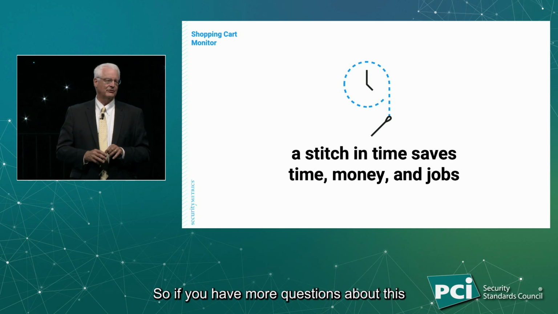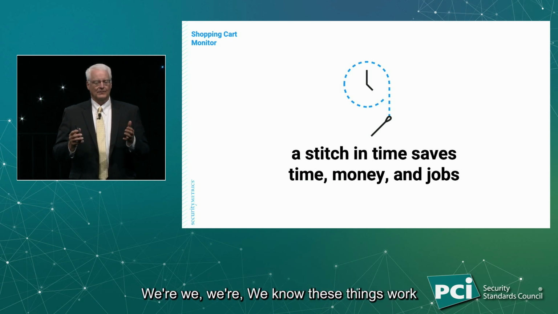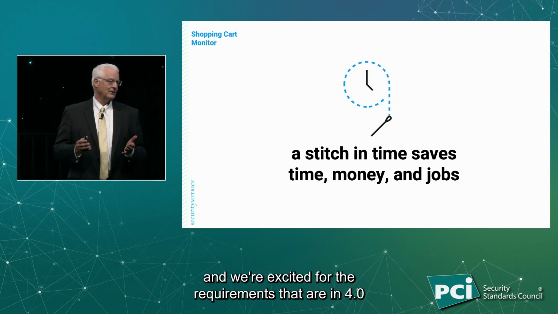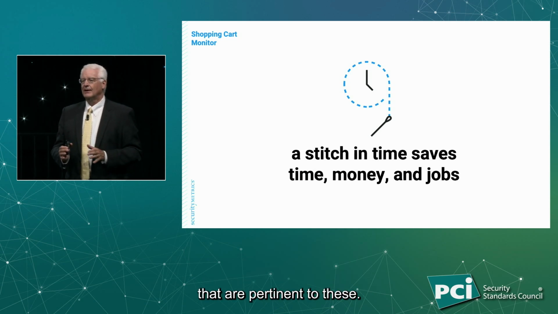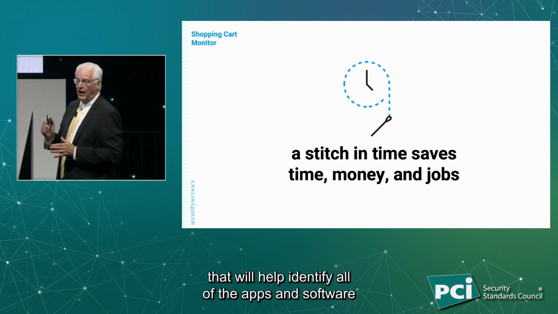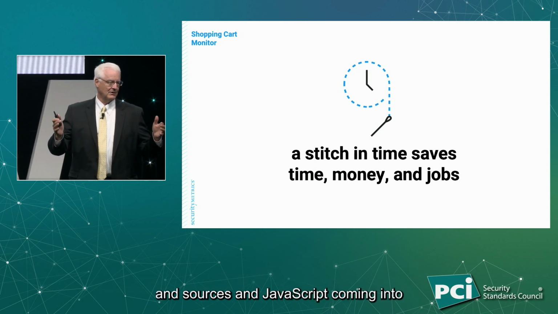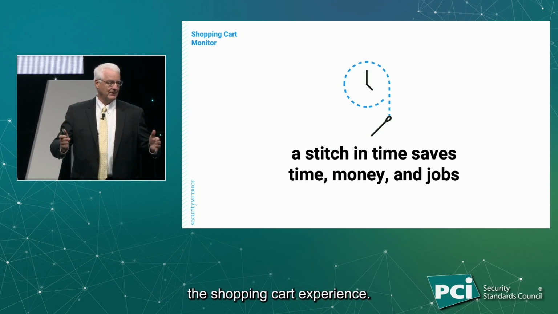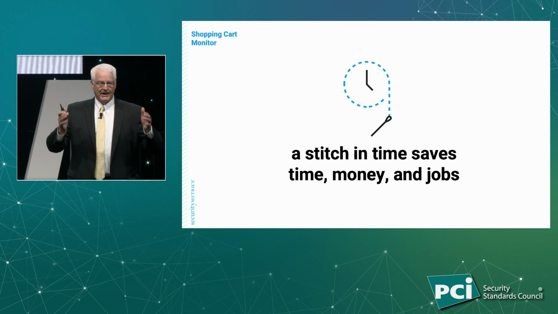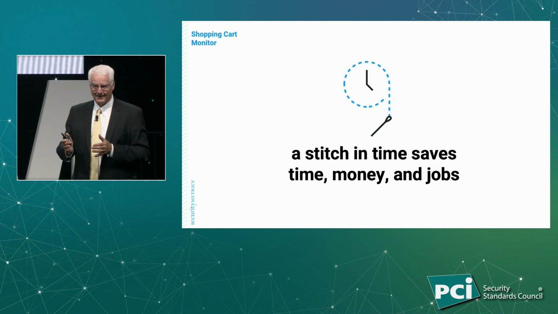So if you have more questions about this, feel free to visit us. Shopping Cart Inspect, Shopping Cart Monitor. We know these things work, and we're excited for the requirements that are in 4.0 that are pertinent to these. And we're here to tell you there is technology today that will help identify all of the apps and software and sources in JavaScript coming into the shopping cart experience, even when you have to go get all of those by exercising the form.